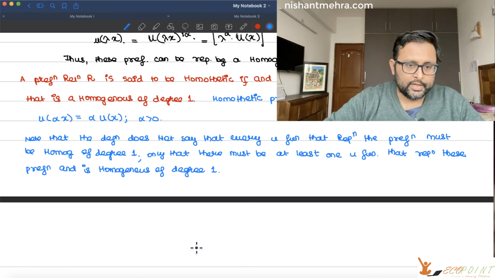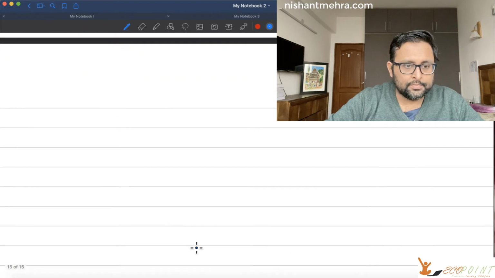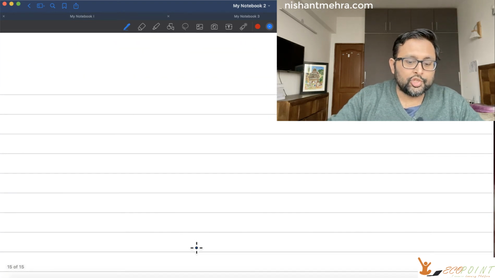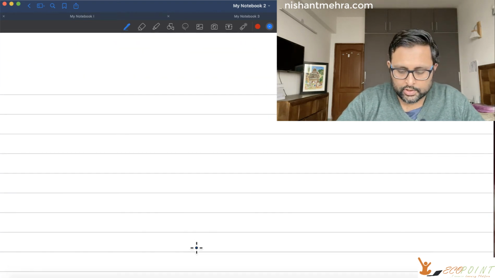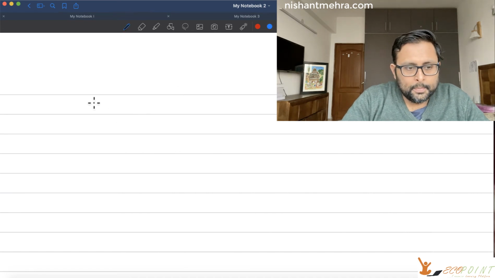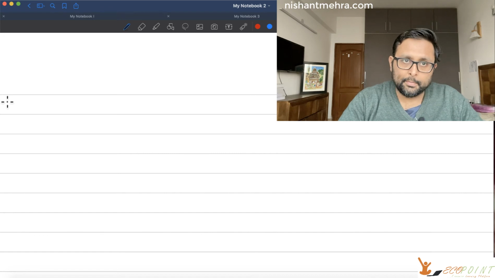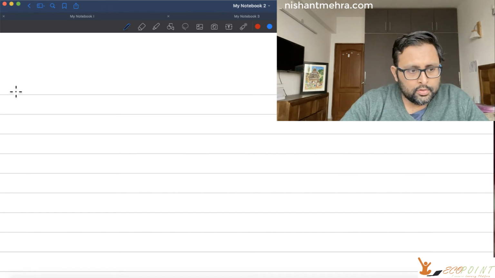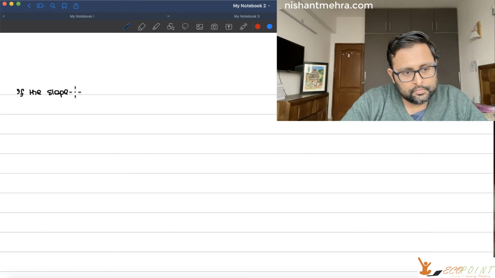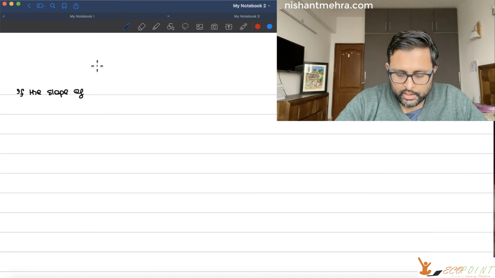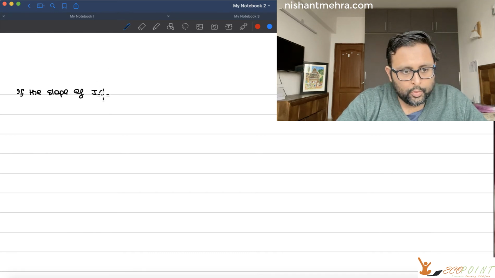So let me just give you an example. Let me just write the point first. So how do you check whether the function is homothetic or not? Again, for this also you have a proof, but I want to give an example first and then I'll give you the proof tomorrow. So if the slope of the indifference curve, and what is the slope of the indifference curve?